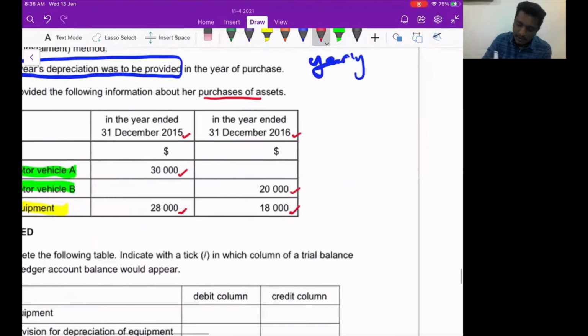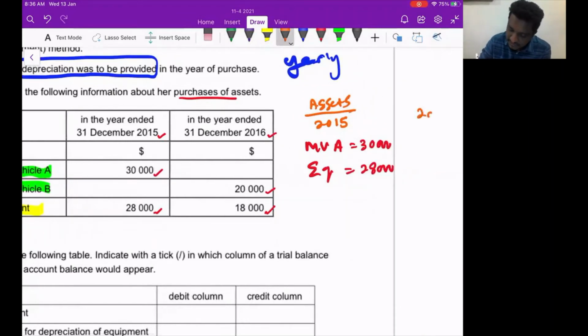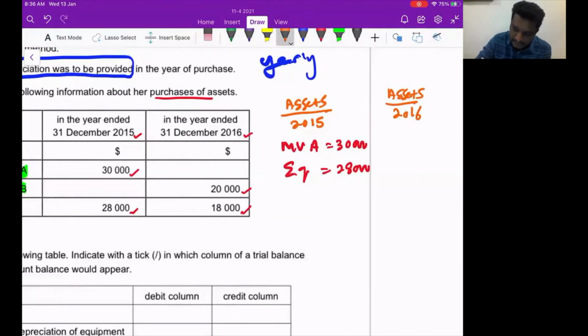So now I want to know what assets they have in 2015. In 2015, they have motor vehicle A and also equipment. Motor vehicles 30,000, equipment 28,000. And then in the year 2016, what assets do they have? Do they have motor vehicle A?